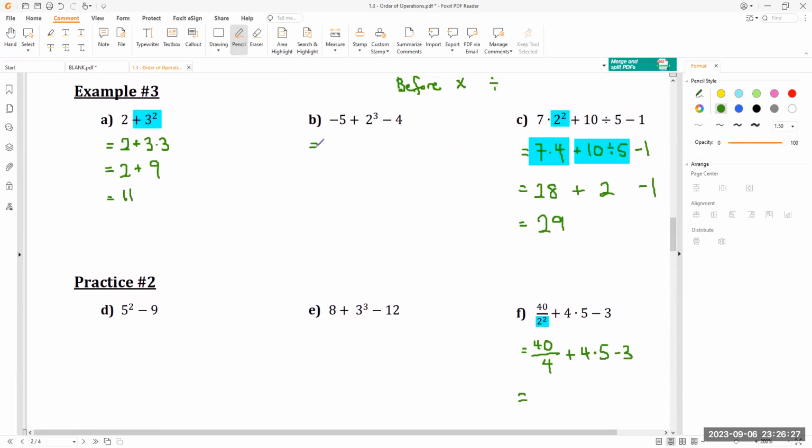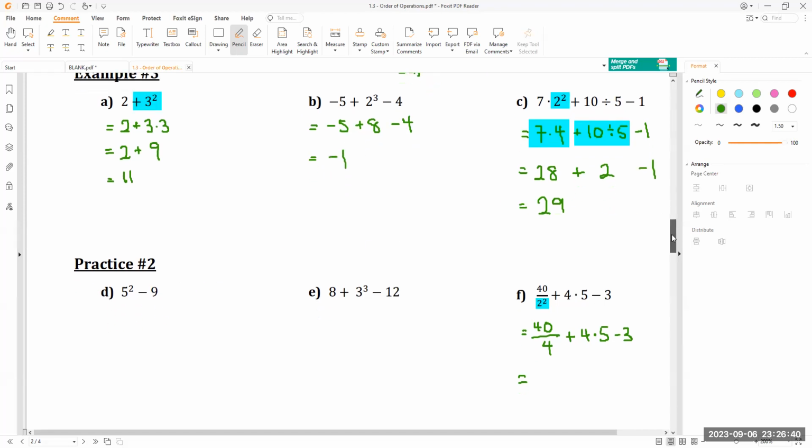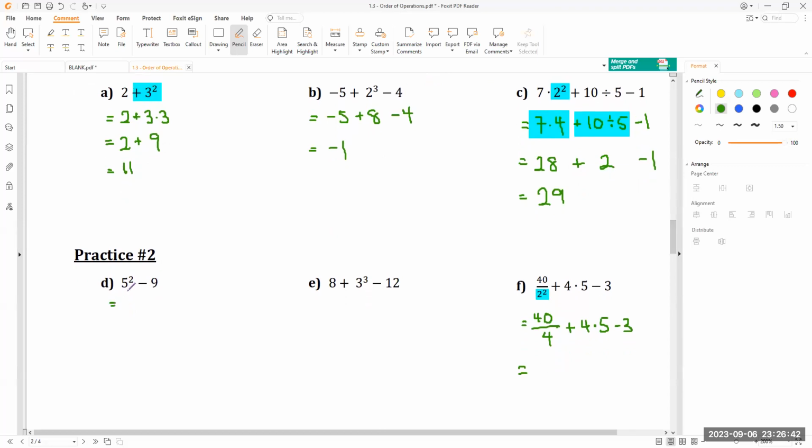Moving on. Exponents. Equal sign. -5. 2 times 2 times 2, +8. -4. The final answer is -1. 5 squared. 25. Subtracted by 9. Oops. The answer is, let's see, 25, 16.